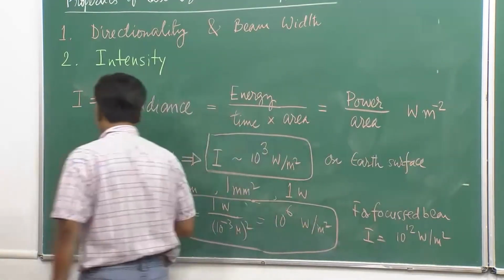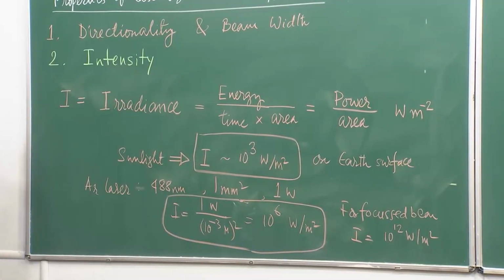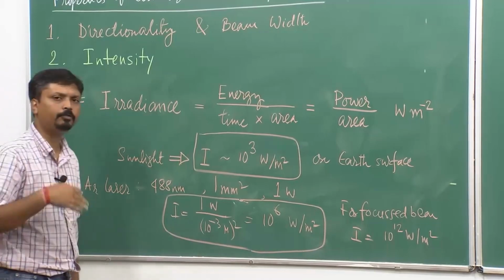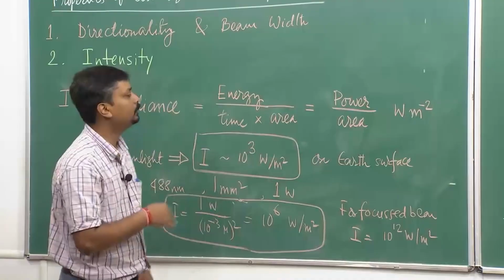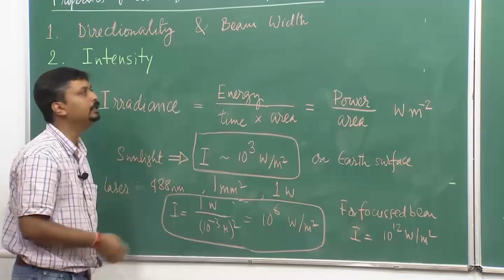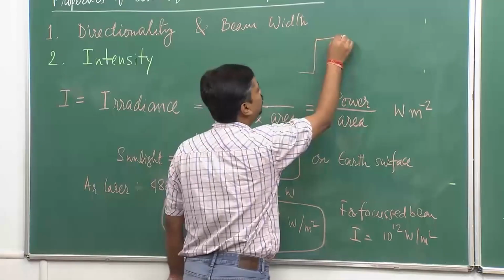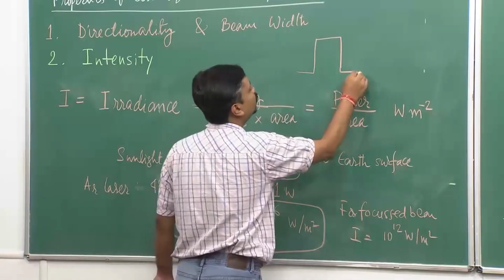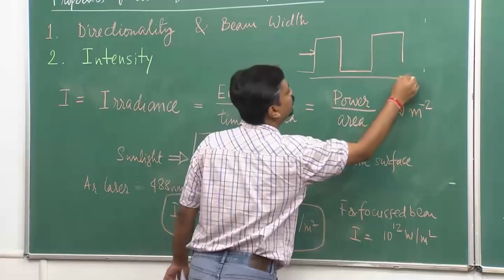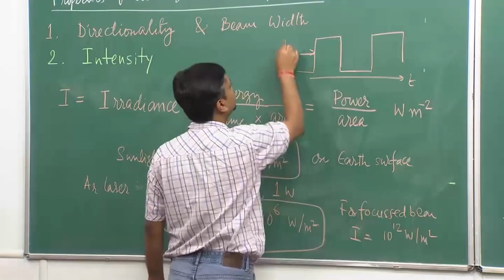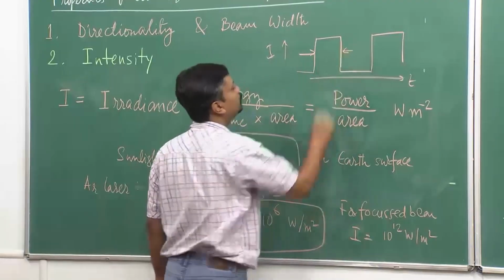If we consider something like a ruby laser, which is a pulse laser having a pulse width of 25 nanosecond. Next class probably we will talk about some of these, like pulse width and all. I have probably mentioned it earlier: if the light comes in pulses, and this is my time axis and this is the intensity, this width is my pulse width.